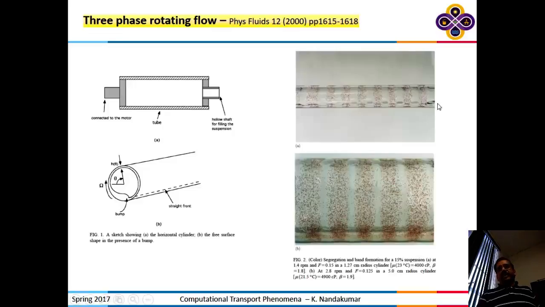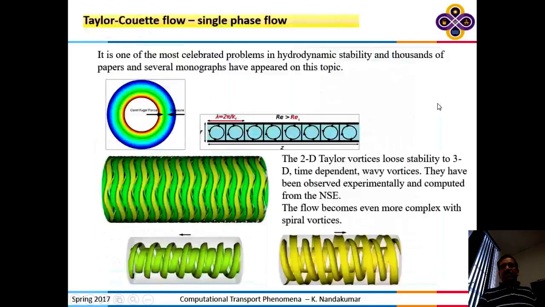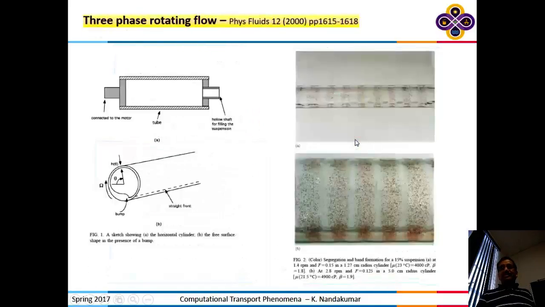So is this the same as what you see as bands in here? Probably not, right? But what causes this? This still eludes us. If you can simulate this, you have a very strong paper, because nobody has been able to simulate this yet. Okay? But experimentally, people have documented this. And that would be a good test of multi-phase flow phenomena that you can model in a rotating cylinder.